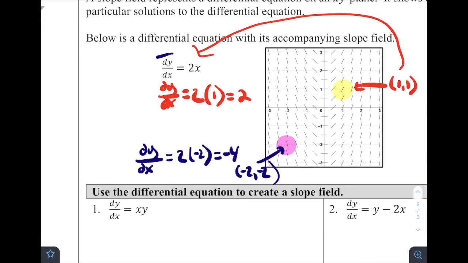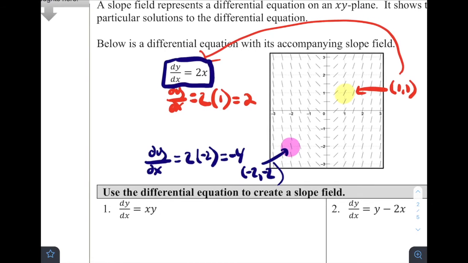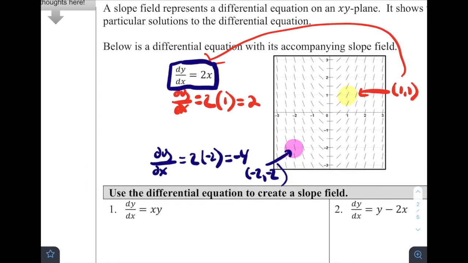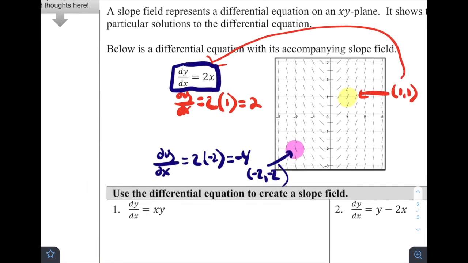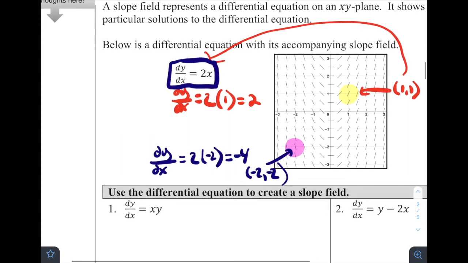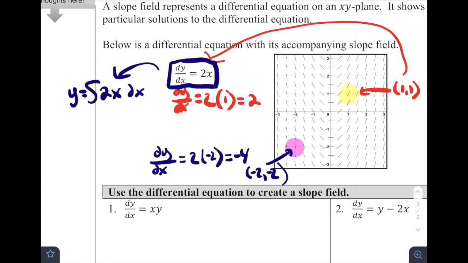Now, let's take a look at this actual differential equation that we've got. This differential equation is dy dx is equal to 2x. We know that if we wanted to think about a function that has a derivative of 2x, an example might be something like this, where we take the antiderivative: y would be equal to the integral of 2x dx.